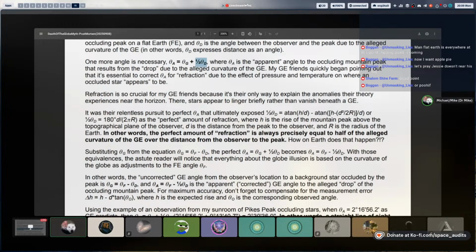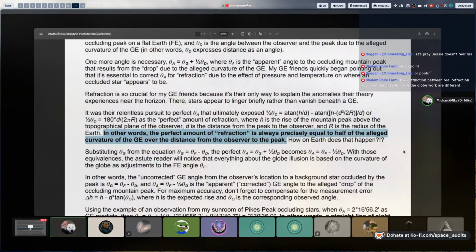At John's suggestion, I included temperature and pressure data, and that made things great for Pikes Peak, but it actually made it worse everywhere else. And so I was digging some more, but in the end, there is absolutely zero doubt that perfect refraction is actually one half the distance angle always. In fact, I highlighted that right here.